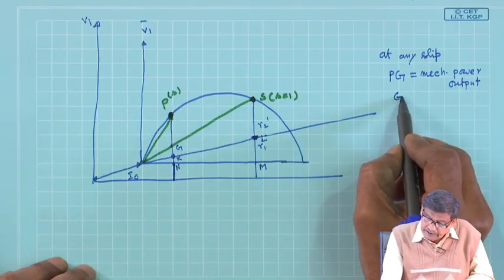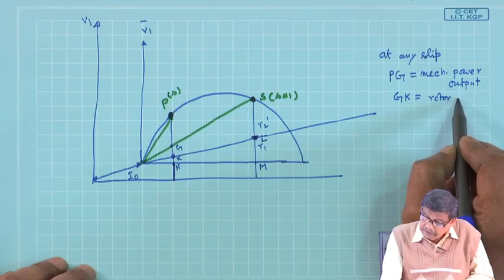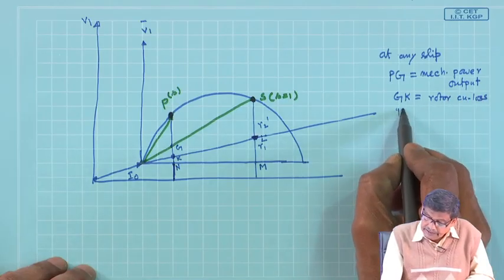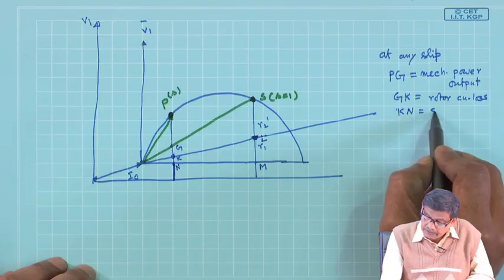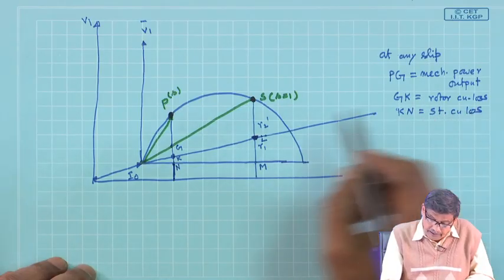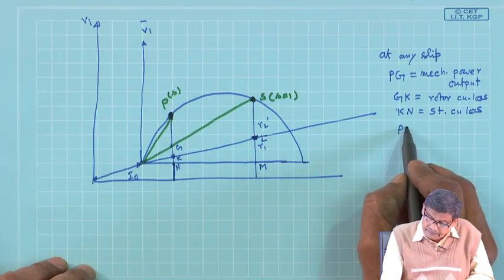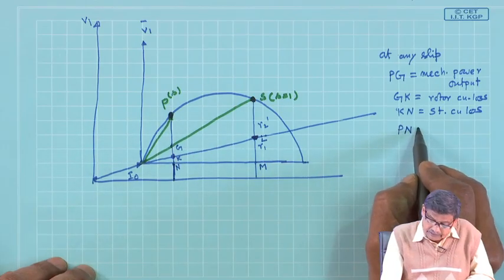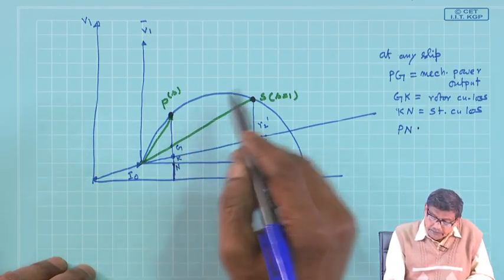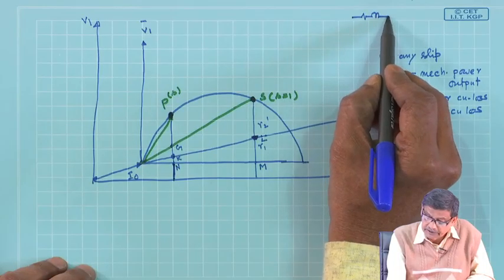The length G k is rotor copper loss, and length K n is stator copper loss. And P n is the power inputted into this series part of the circuit.